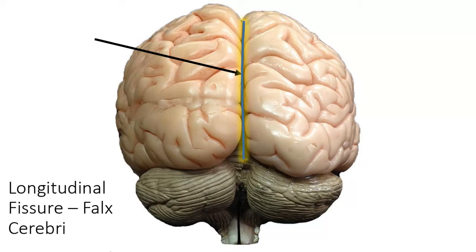That's that dural septa, that dura mater that's fused together to separate the right and the left. The arrows and the line are just representing the space in which the falx cerebri is occupying.